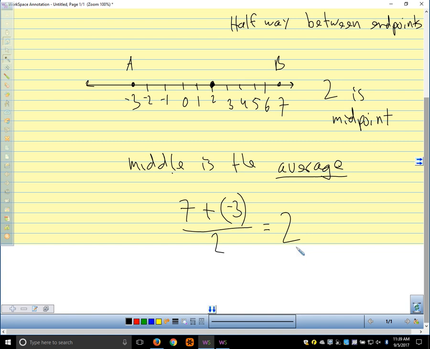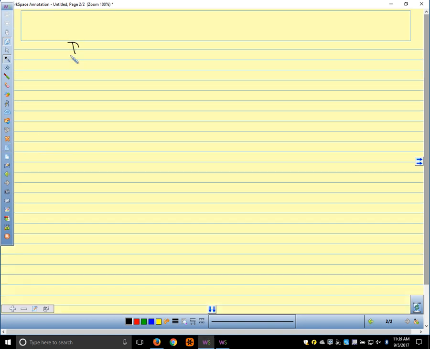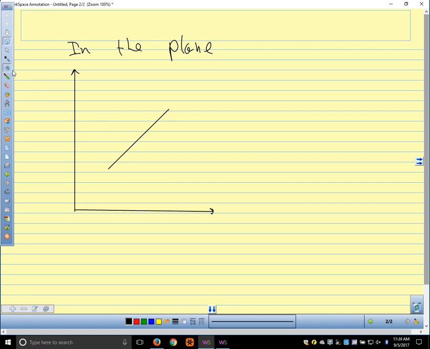All right, so if we're in the plane, though, and not on the number line, there's a little more to it, but just a little more. So there are my axes, and I'm just going to put a segment in the plane here. So some generic segment.